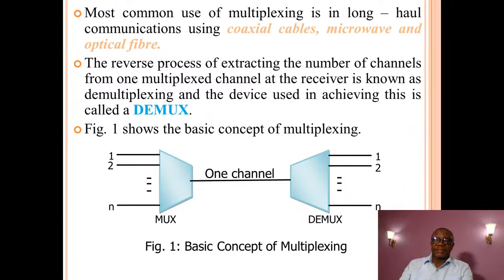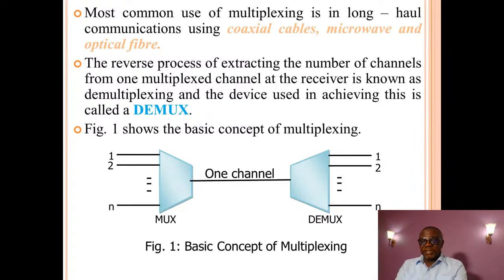To the right, you see the demultiplexer or the demux, which has a block with the left side shorter than the right side, showing that at that point, the demultiplexer expands the thing back from 1 to n.